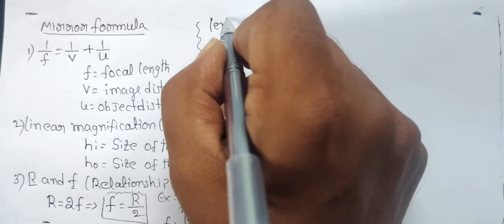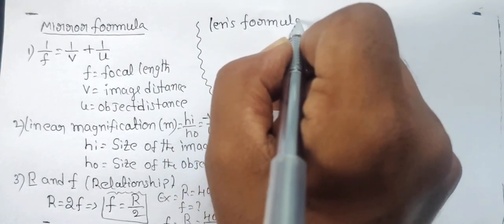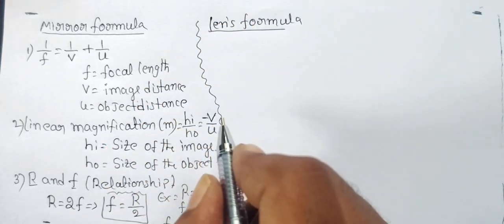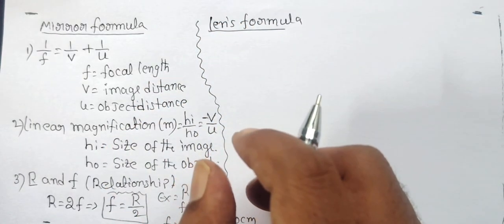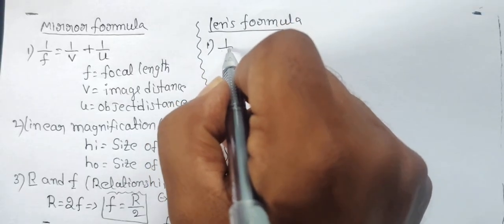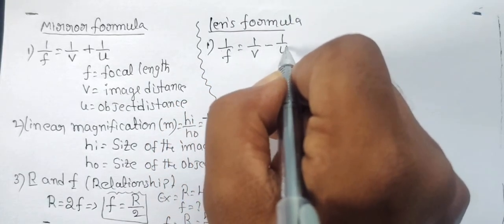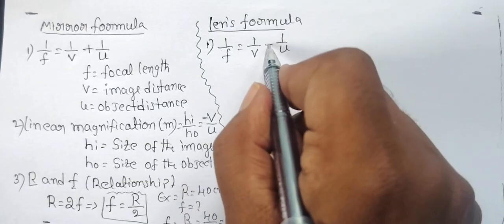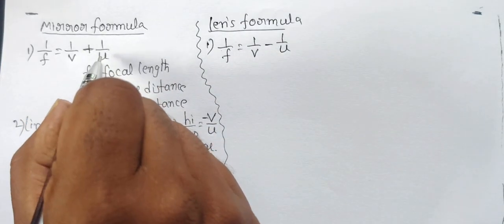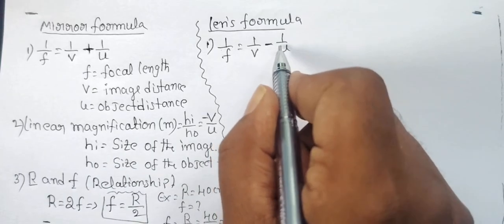Next, the lens formula. Lens formula is also the same, only a small difference is there in the sign. We can observe that 1 by f is equal to 1 by v minus 1 by u. In the mirror formula, u has plus, here minus.